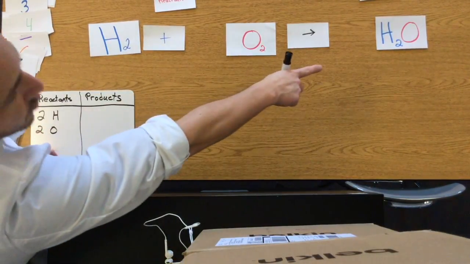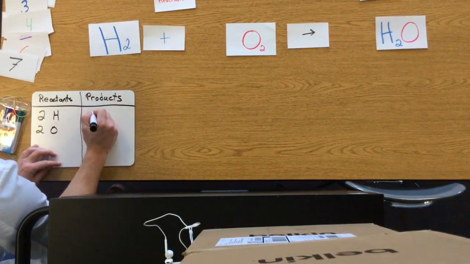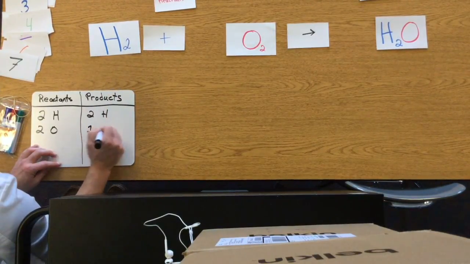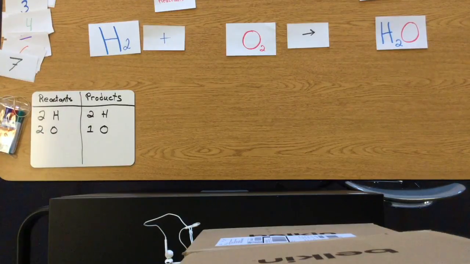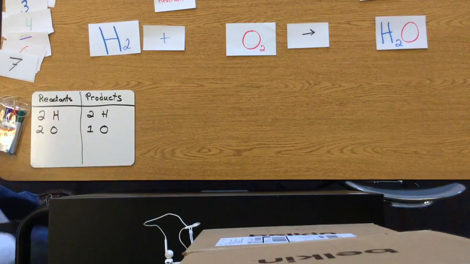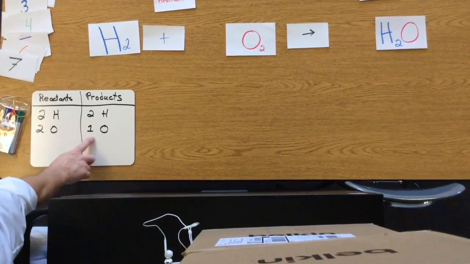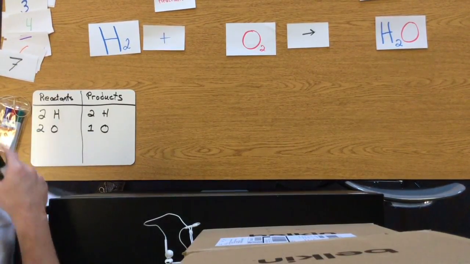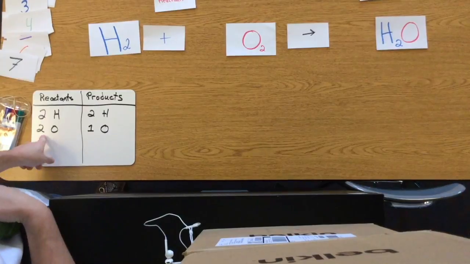And on the product side, I have 2 hydrogen and 1 oxygen. As you can see, those numbers don't balance. In order for this chemical reaction to take place, these numbers have to balance.